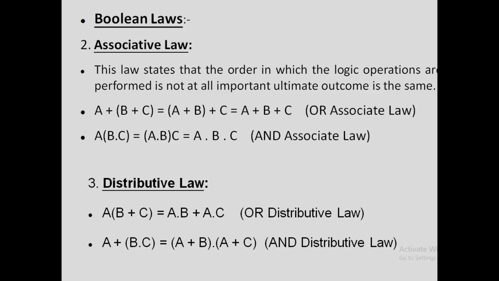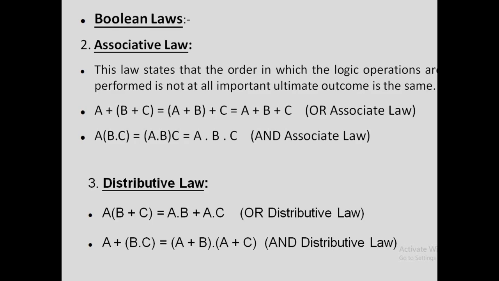Second is associative law. This law states that the order in which the logical operations are performed is not at all important. The ultimate outcome is the same. A plus (B plus C) is equal to (A plus B) plus C is equal to A plus B plus C. Next statement, A dot (B dot C) is equal to (A dot B) dot C is equal to A dot B dot C. Next is distributive law.